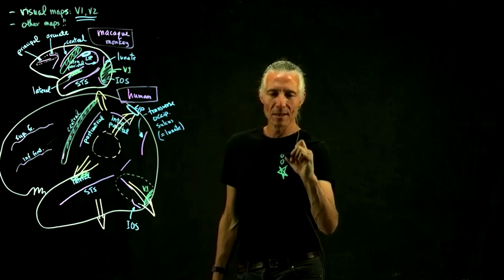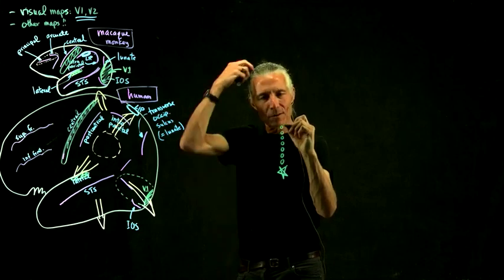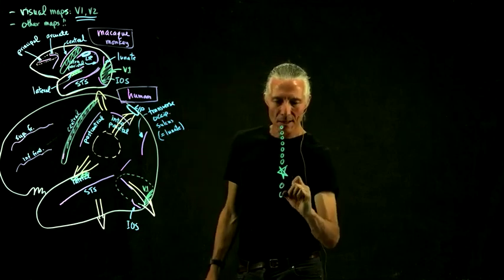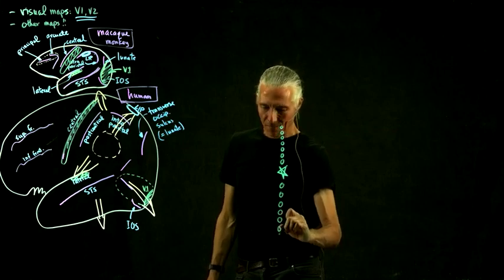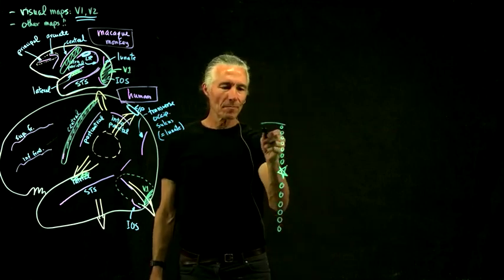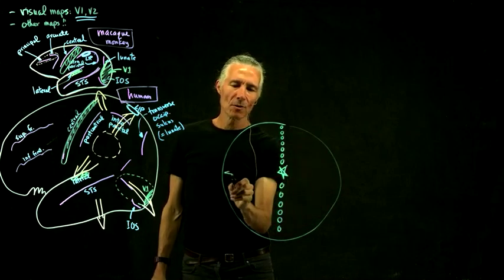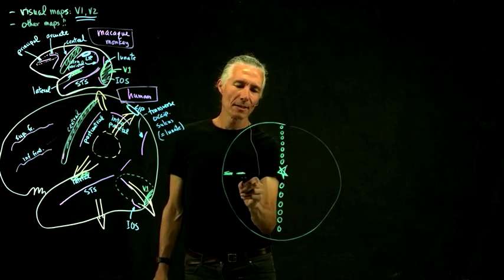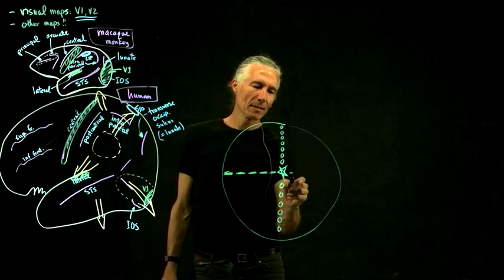So here's a vertical line. I'll draw the whole visual field. And then here's a horizontal line. That's the thick dashes. And the star is right at the center of gaze.